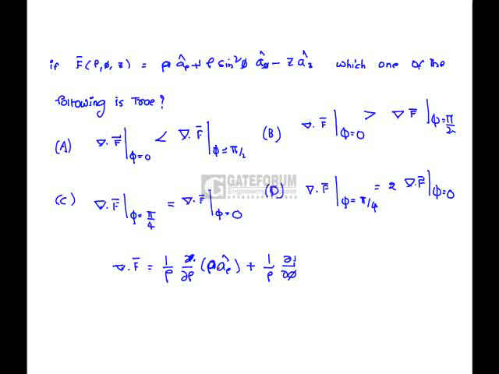Here that is the rho component, this is the phi component, and that is the z component.